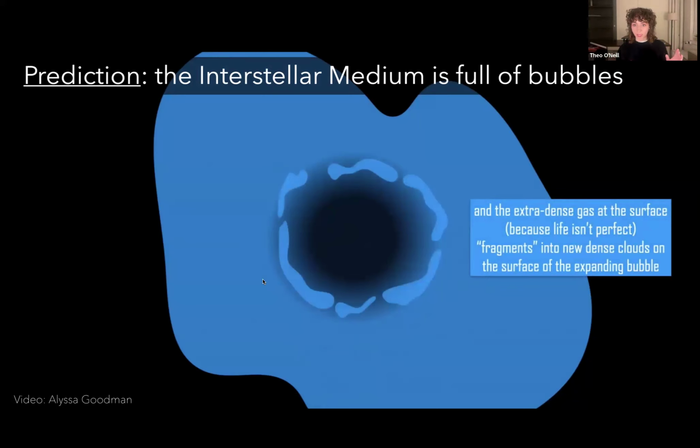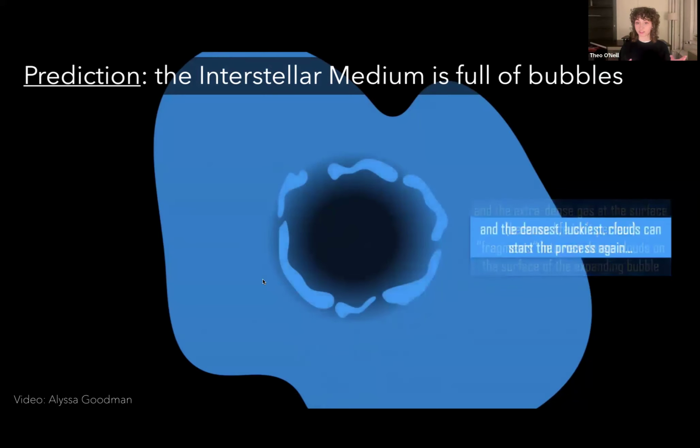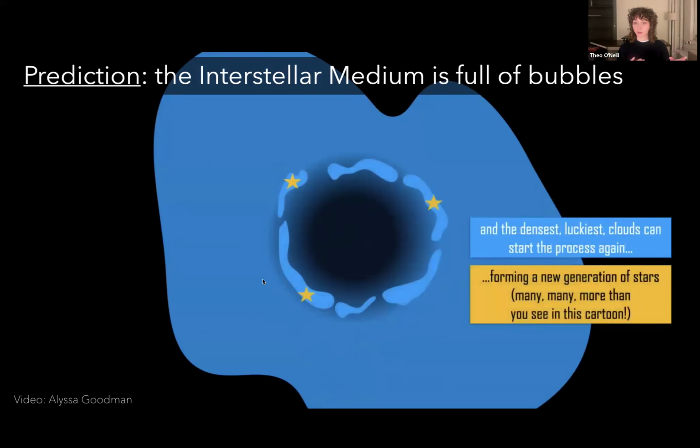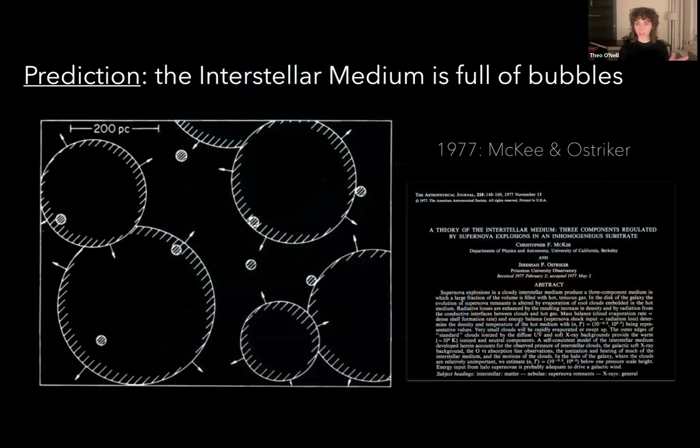As this bubble expands under the power of additional supernovae, clouds on its surface might start to reform as even denser than they were before, and lead to the formation of a whole new generation of stars to start the process over again of creating more supernovae and carving out more voids or bubbles in the interstellar medium. And so this is a prediction that has been longstanding in astronomical literature. This dates back over 50 years now.